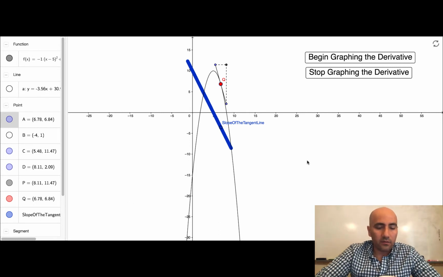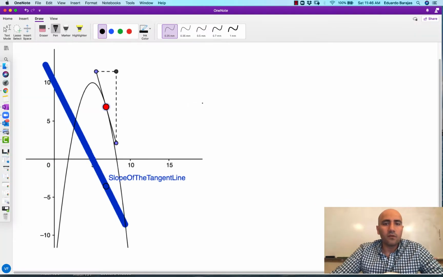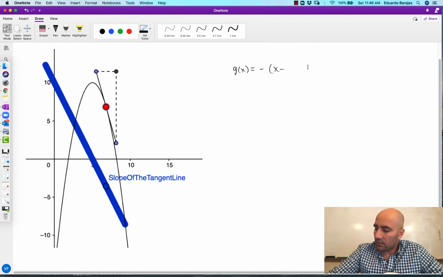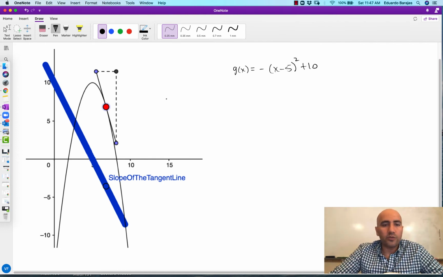So let me take a picture of this. In this case, let's call this g of x. So g of x is given as negative (x minus 5) squared plus 10. That was the original function g of x, so that would be this upside down parabola in here.